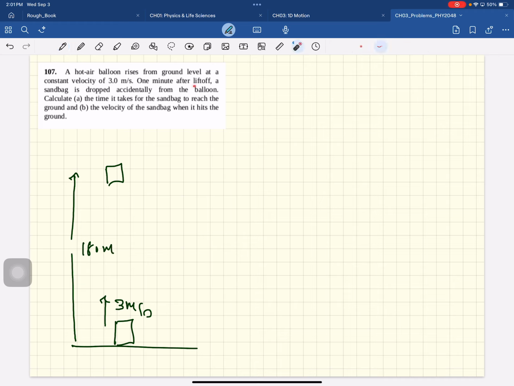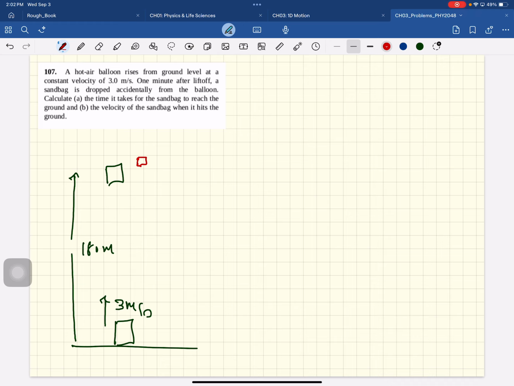1 minute after liftoff, a sandbag is dropped accidentally from the balloon. You stick your hands out and drop a sandbag. What happens to the sandbag? Let's say we're driving on 95 at 80 miles an hour.